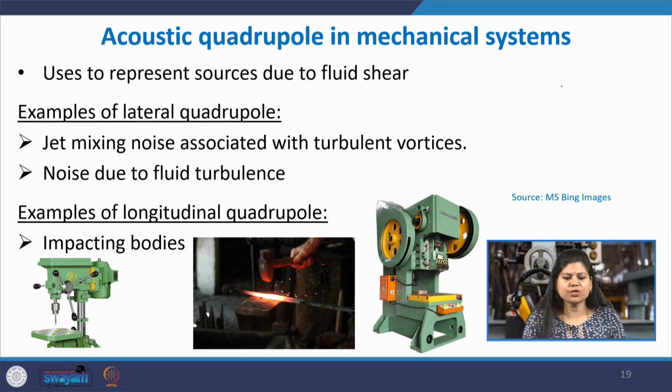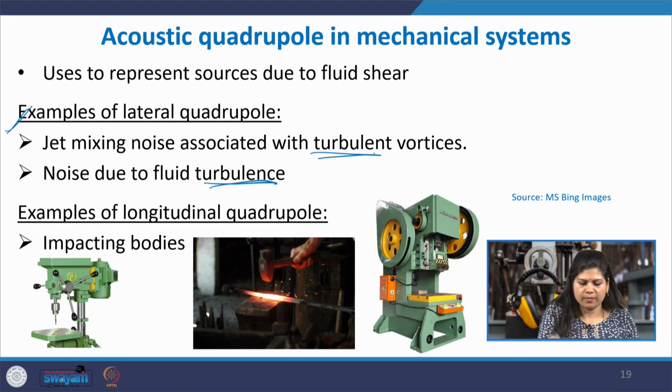Some of the sources of acoustic quadrupole are jet mixing noise associated with turbulence, and noise due to fluid turbulence; all of these are examples of lateral quadrupoles or turbulent noises. Whereas for the longitudinal quadrupole, which behaves like an extended acoustic dipole, you have impacting bodies.